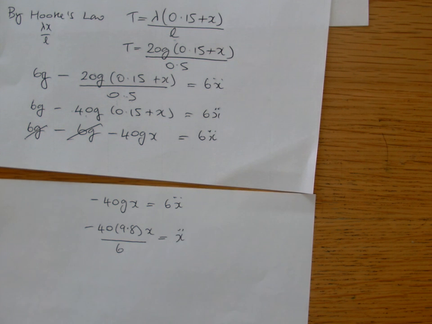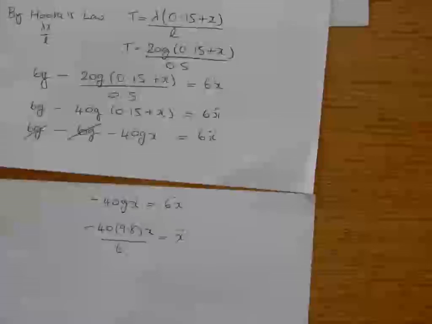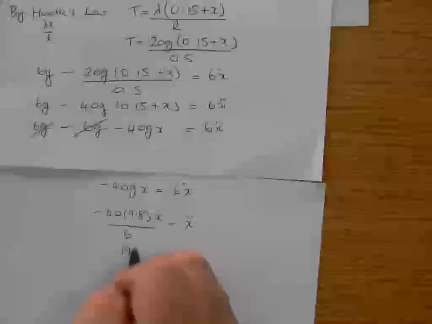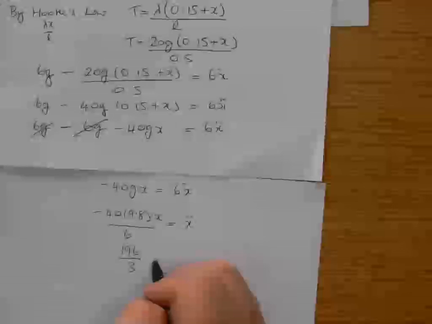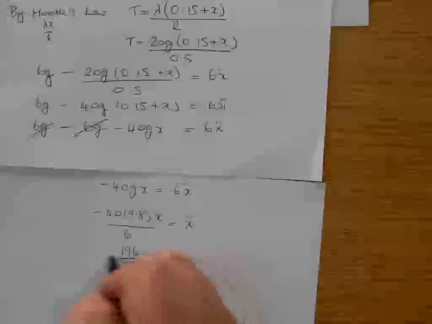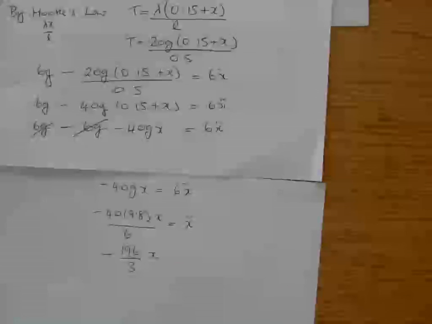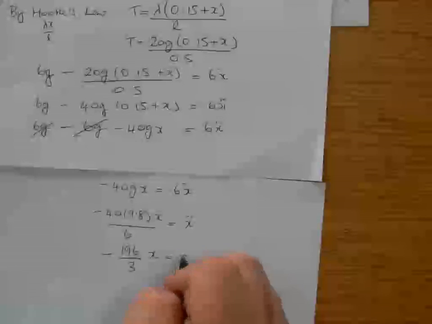So on my calculator, 40 times 9.8 divided by 6, and I get 196 over 3. It's not particularly nice. Minus there, so that will equal x double dot.